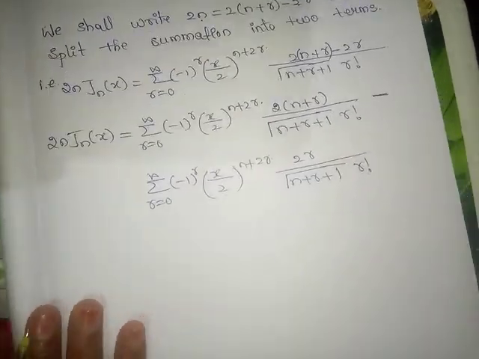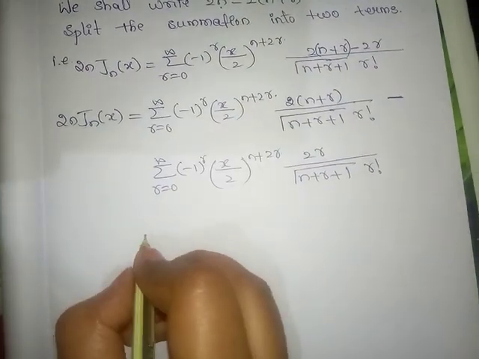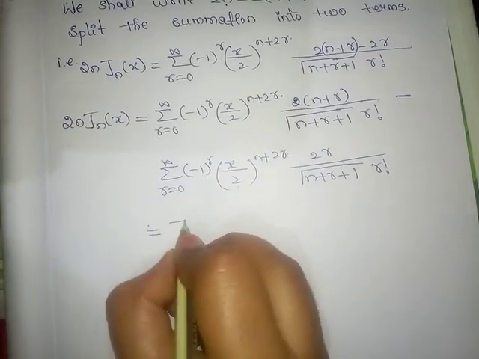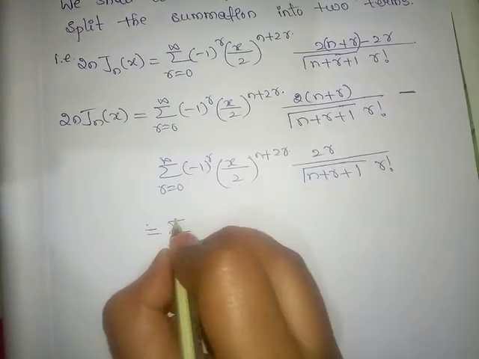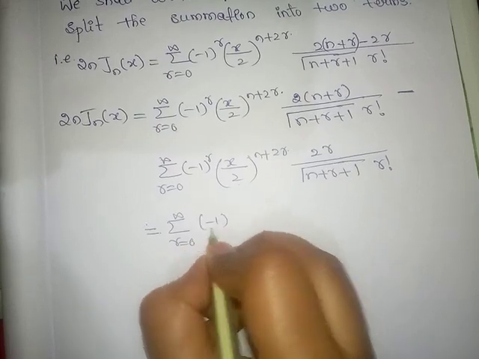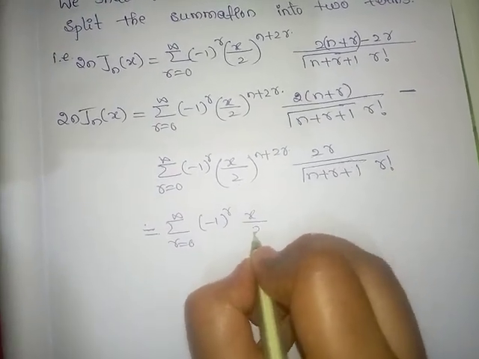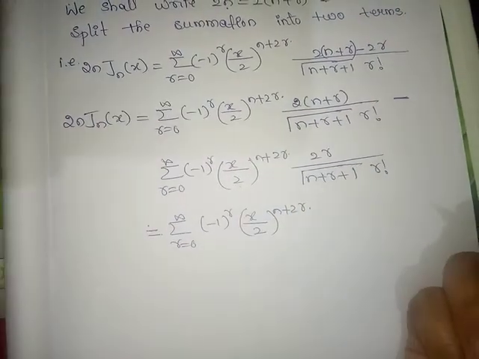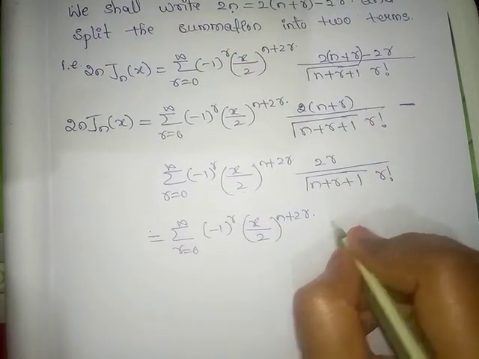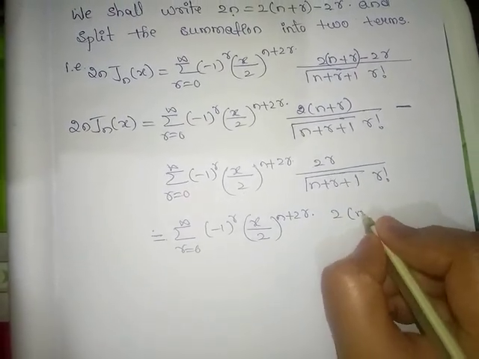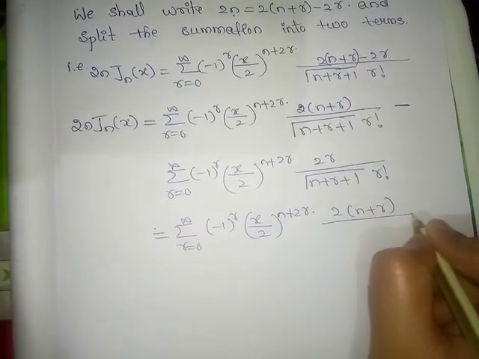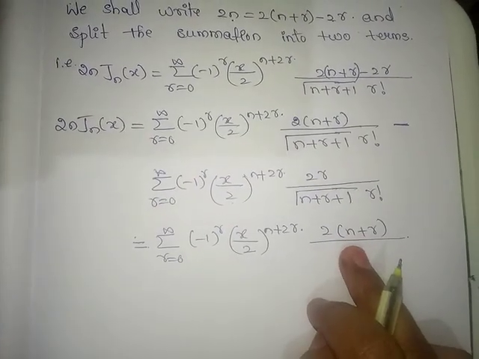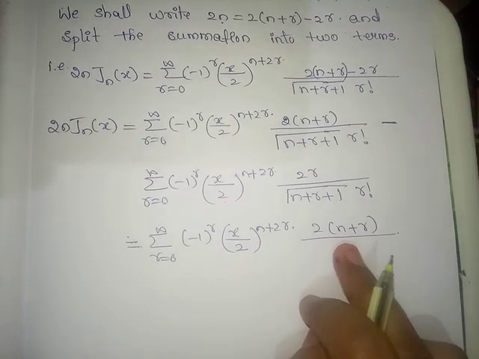Next, which is equal to summation r running from 0 to infinity of minus 1 raised to r, x by 2 raised to n plus 2r, into 2 into n plus r divided by, here we use some gamma function properties.